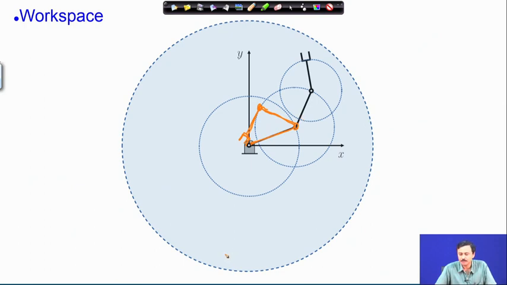So, I can reach any point in this region. So, for a 3R manipulator, all points can be reached.